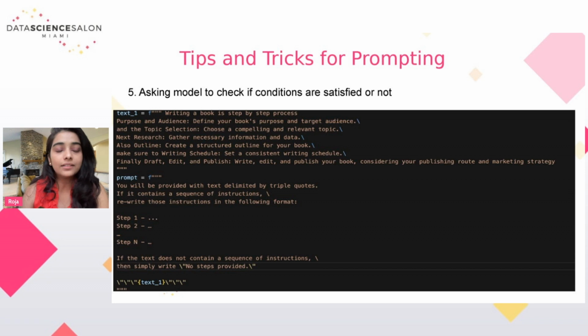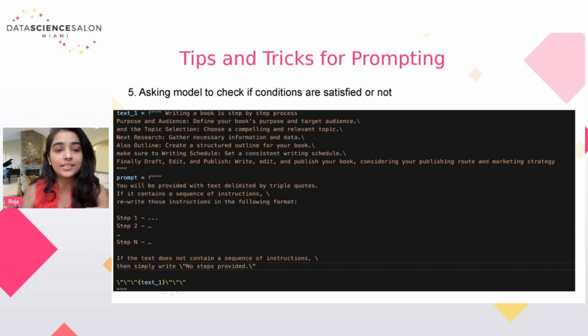And the other thing is, let us say you entered a prompt, you can also ask the model to check if the conditions are satisfied or not. For example, in the given prompt here, I am asking: if the text does not contain any sequence of instructions, just say no steps are provided.